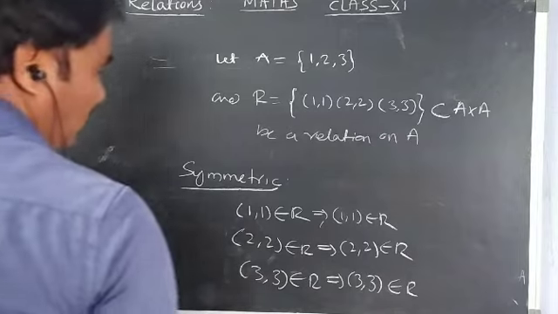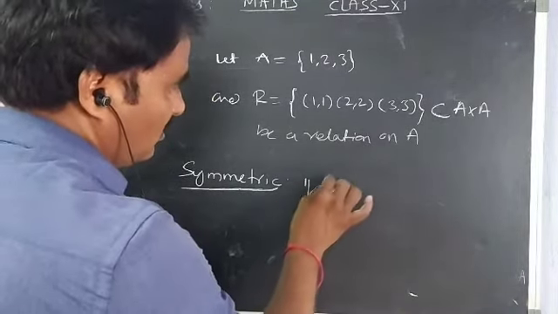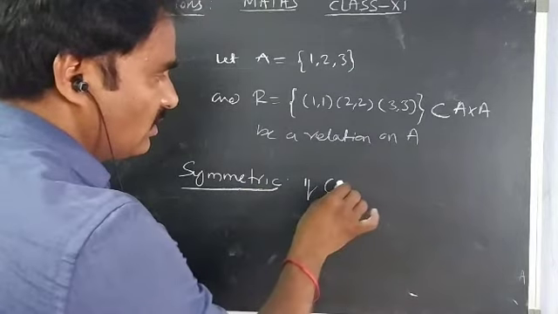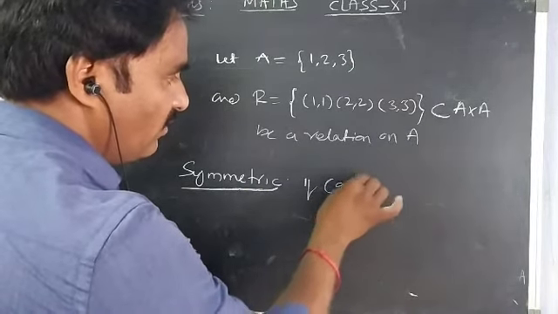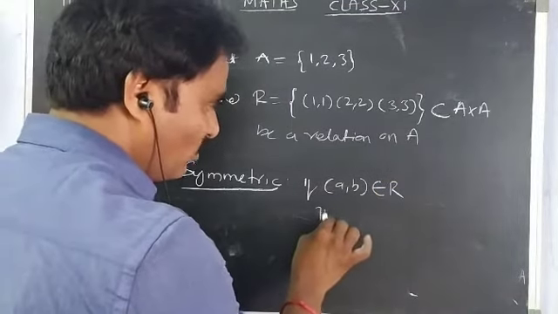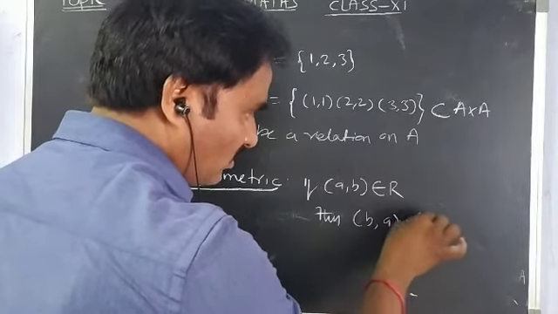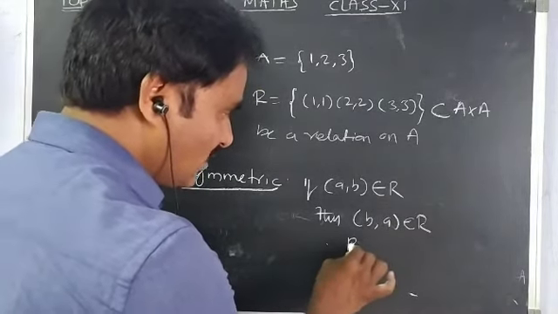When do we have to check the symmetric condition? When the ordered pair is like this. What is the property of the symmetric condition? (a, b): if the two elements are different and that ordered pair belongs to R, then only we have to interchange, and (b, a) must belong to R. Then only we can say R is symmetric.